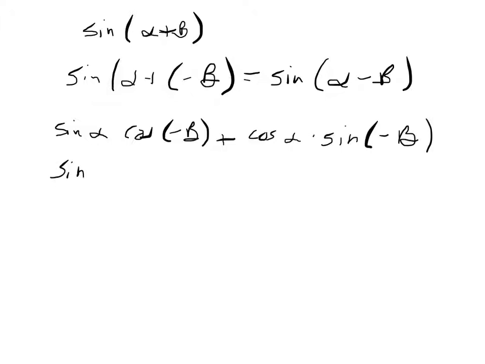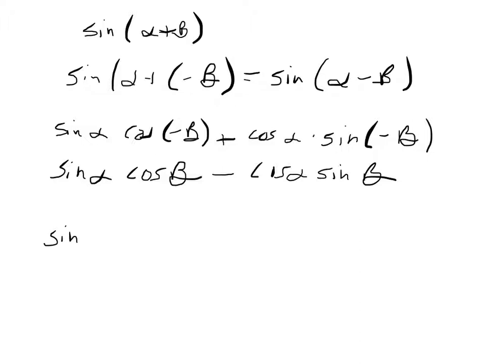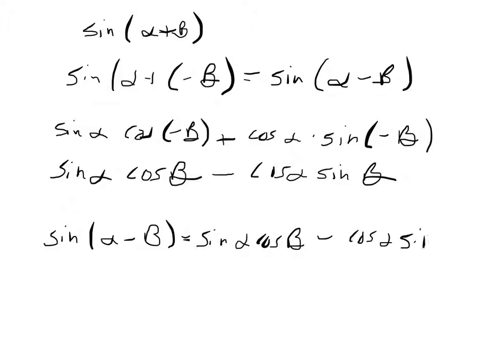And we remember that the cosine of negative beta is the cosine of beta, and the sine of negative beta is the negative sine of beta, so that's going to be minus cosine alpha sine beta, or in other words, the sine of alpha minus beta equals sine alpha cosine beta minus cosine alpha sine beta.